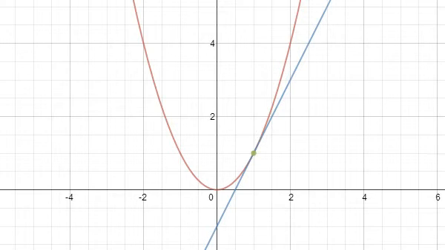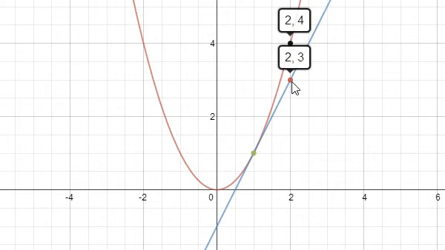Now we're going to look at an example here. Let's say that we go out to where x is equal to 2, and as you can see my y value is 4. Now remember, y is equal to x squared, so 2 squared is 4.